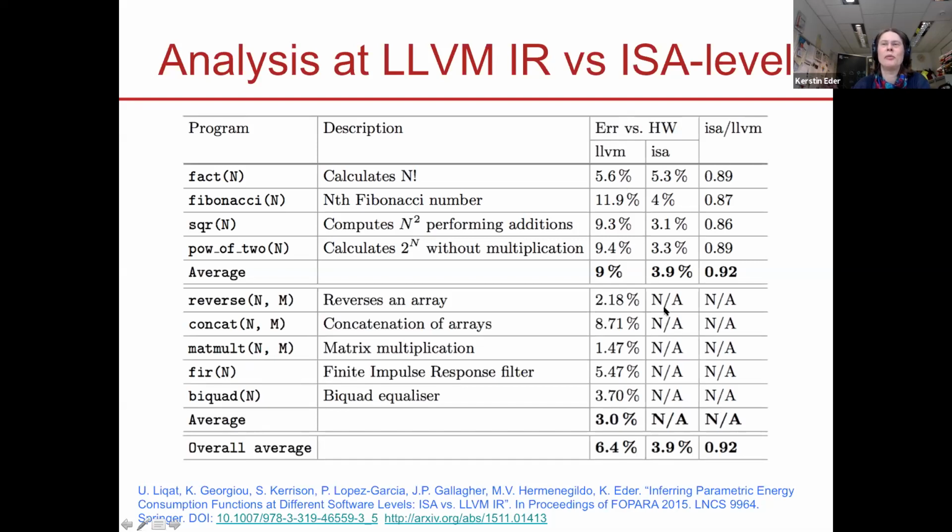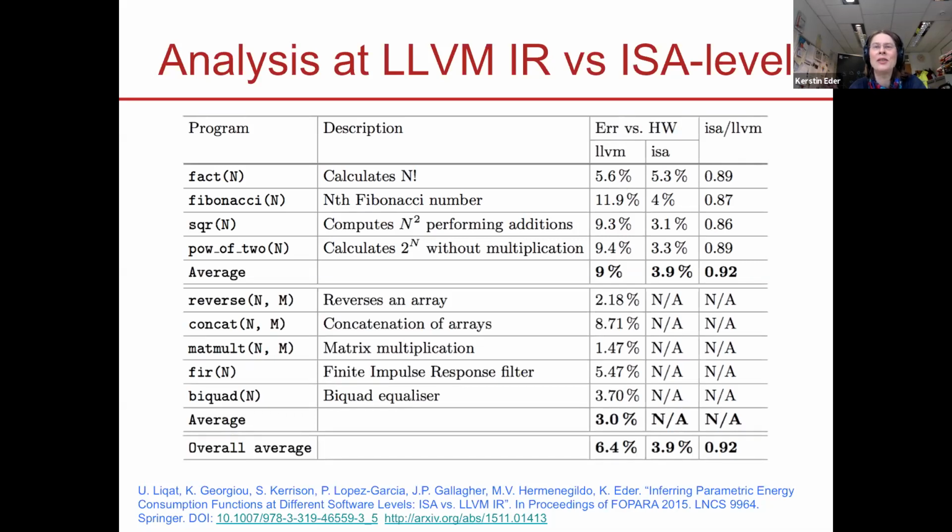For the second group of programs, you see that it was not possible to analyze these programs at the ISA level, and that is because critical information about these programs got lost during the translation down into machine instructions, and the extraction of recurrence equations, etc., was hampered that way. But much of that information can be retained at the LLVM level.